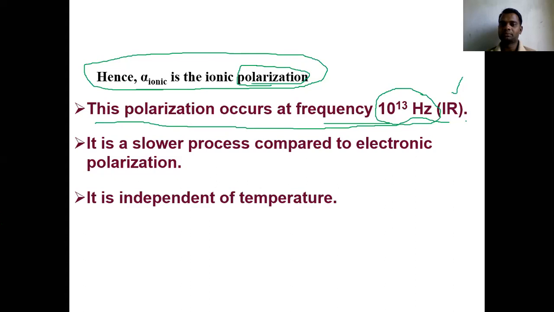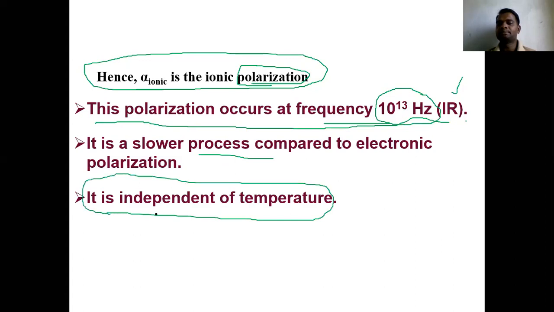It is a very slow process when compared to electronic polarization. Electronic polarization is the strongest polarization. It is independent of temperature.